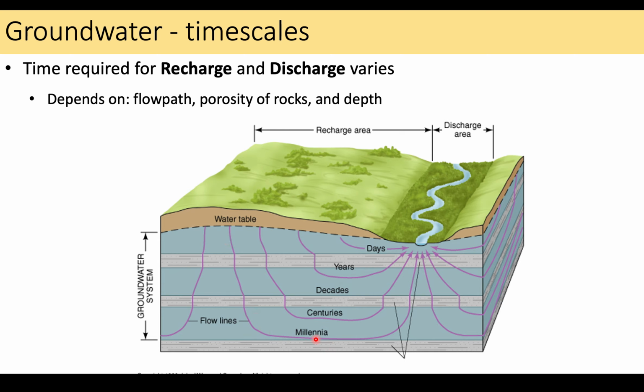For example, here, this flow line that we're looking at shows it's going to take about a millennia for the water to flow all the way down in this aquifer and then back up to this stream. So it depends on the path of the flow, so the direction that the water takes, the type of rock, and then also the depth that you're looking at. So the deeper that the water goes, the longer it's going to take to discharge back up to the surface.